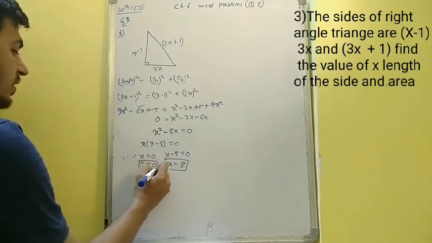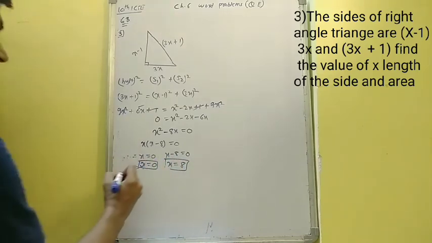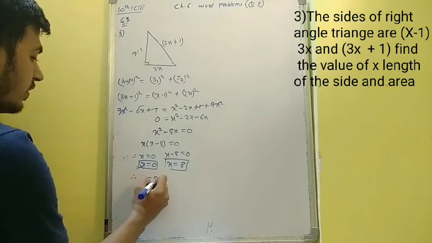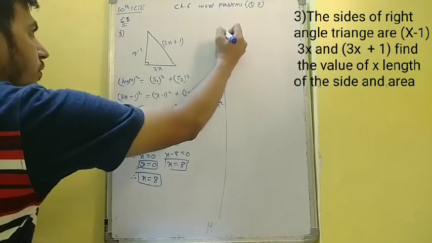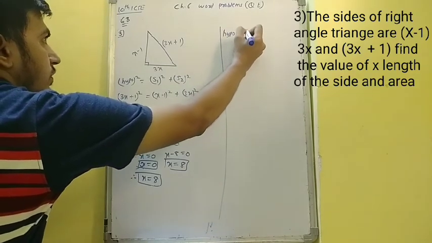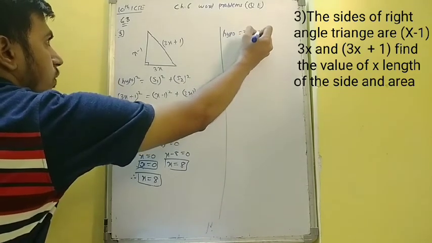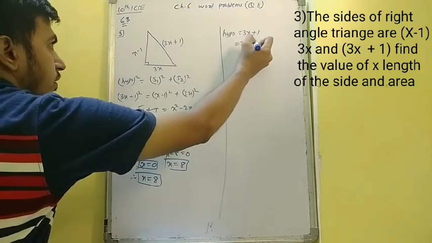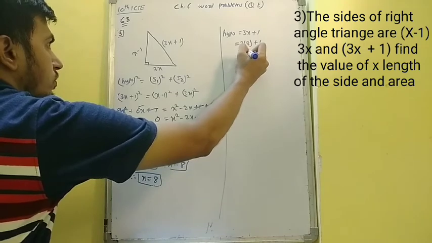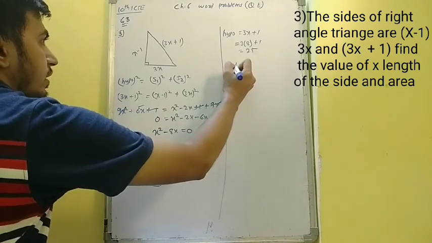See, as it is the length of the triangle, length cannot be negative. Therefore, we will take x is equal to 8. Therefore, we will find all the sides. Therefore, hypotenuse is equal to 3x plus 1, 3 into 8 plus 1, 24 plus 1, it is 25.